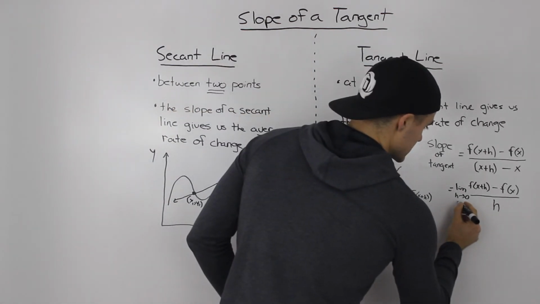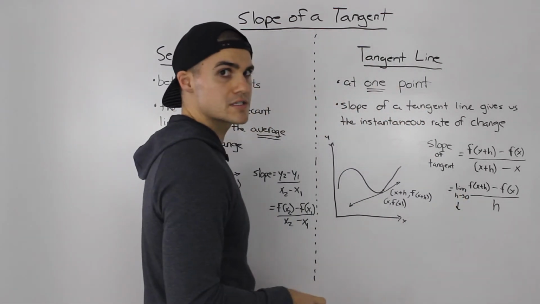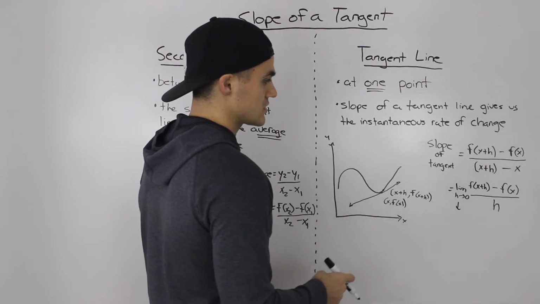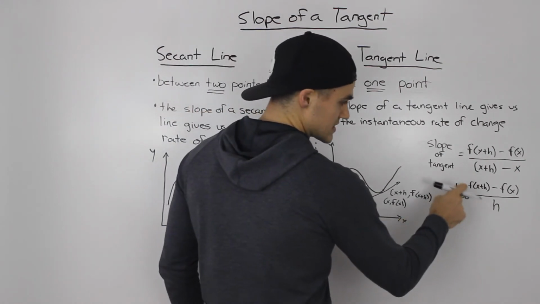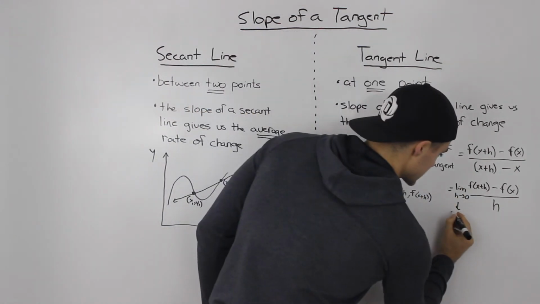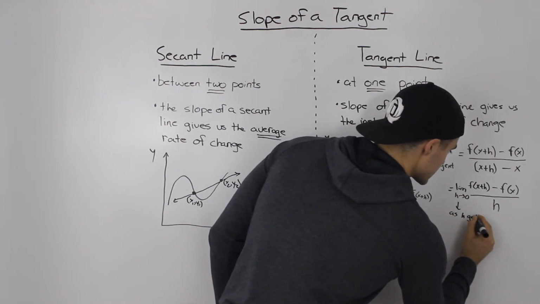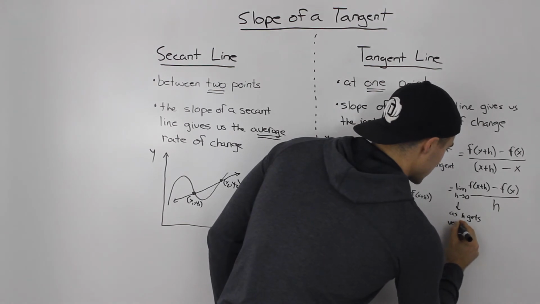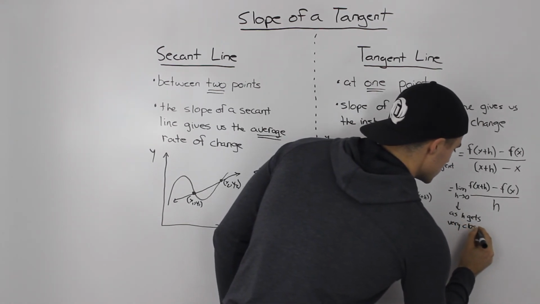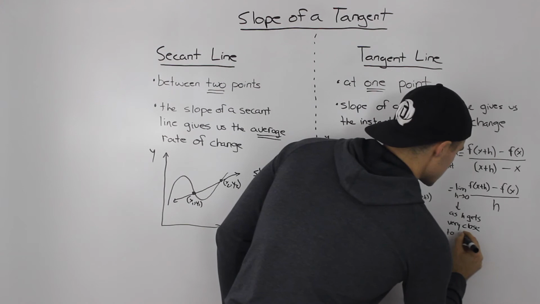Okay, that's all that means. We're going to be going over limits in future lessons in this course. But for now, all this symbol means, you'll see it in your book, it just means as h gets very close to 0.